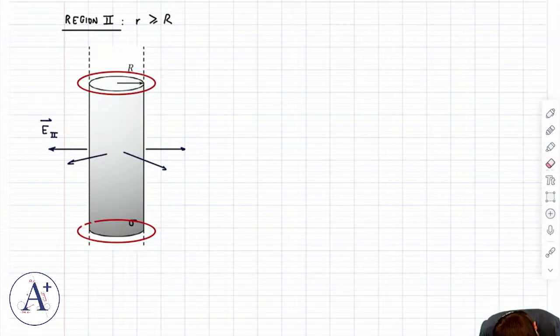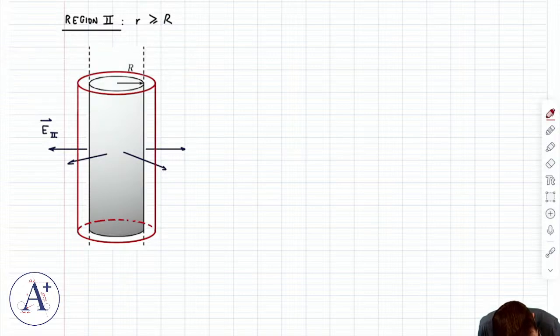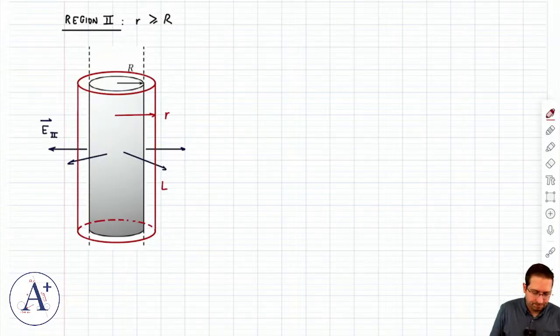I'm going to make this a dotted line just for clarity. Cylinder is going to have a radius little r. This time little r is bigger than big R. That's why we wrote that. We're going to give it a length L before I forget.